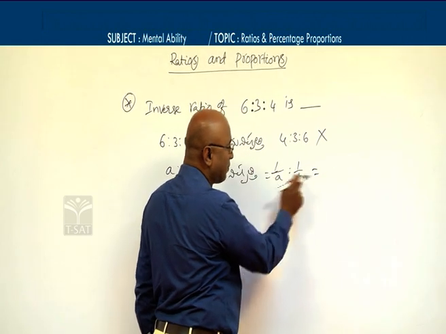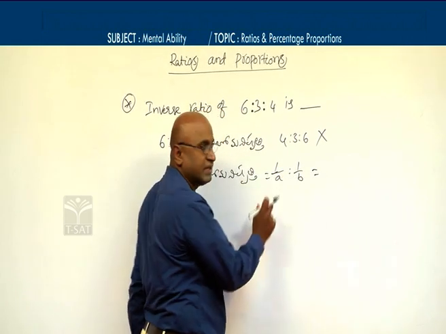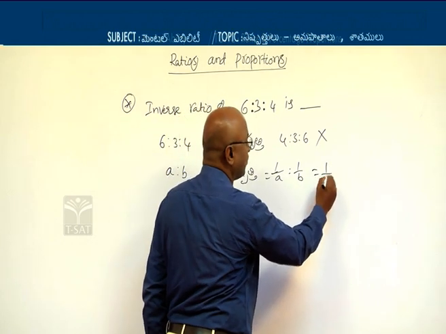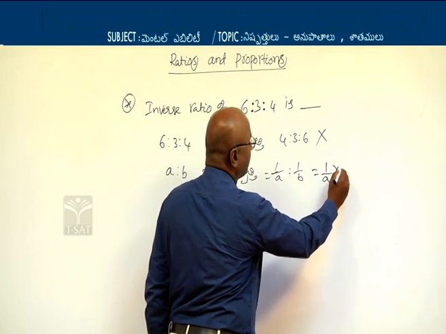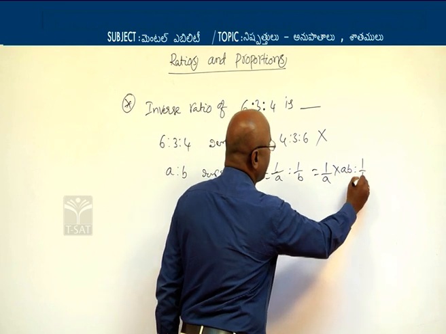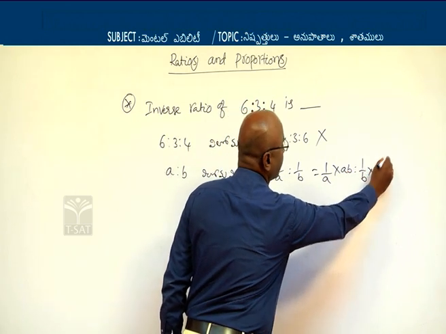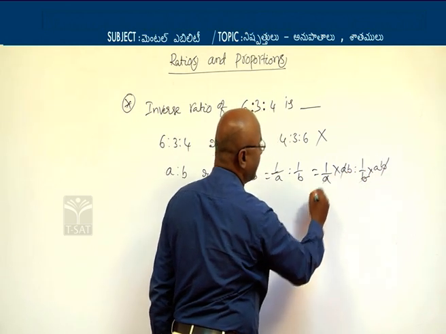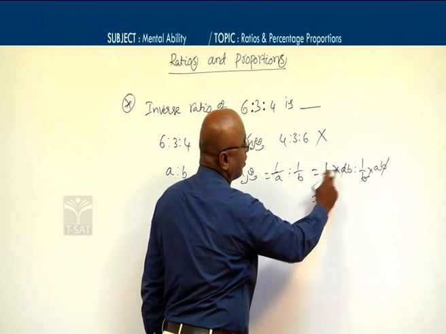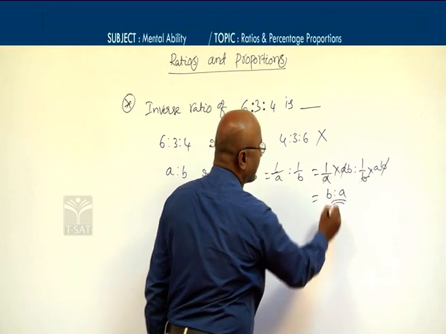Now you multiply the fractions with the LCM, then you will get 1 by A into AB is to 1 by B into AB. B gets cancelled and A will get cancelled. Now that is B is to A.